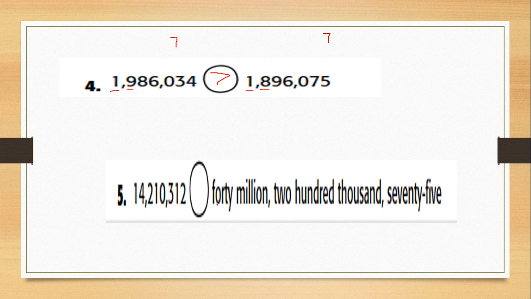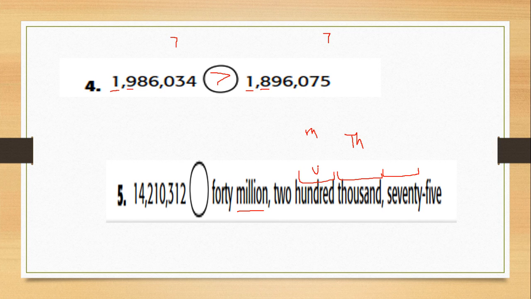Okay, here we have 40,200,075. So we need to make groups until we reach million. Let's make the first group without a name. The second group is called thousand, right? And the third one, million. Let's do it. 40 million.